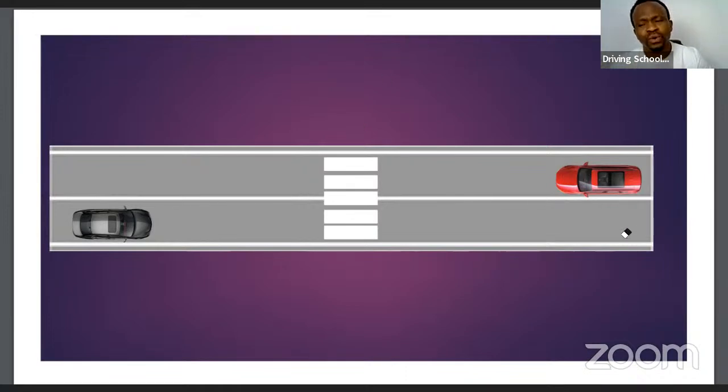So it means that when you are approaching this place, you cannot overtake this vehicle. You understand? Because if you overtake this vehicle, you are going to occupy the other lane to be able to do that, which you are not permitted to do. So this continuous line, you can only find before attraversamento pedonale.